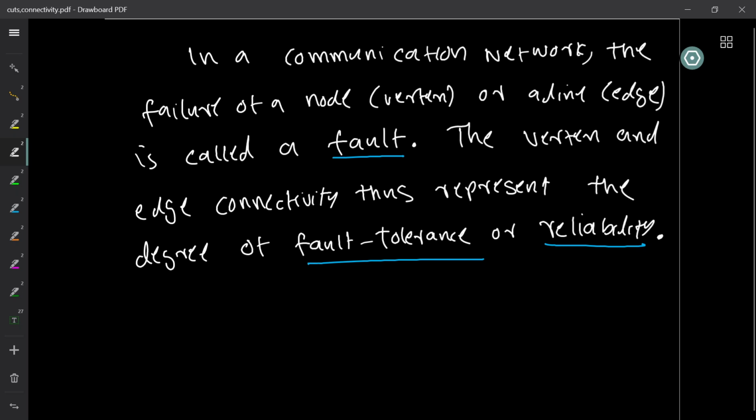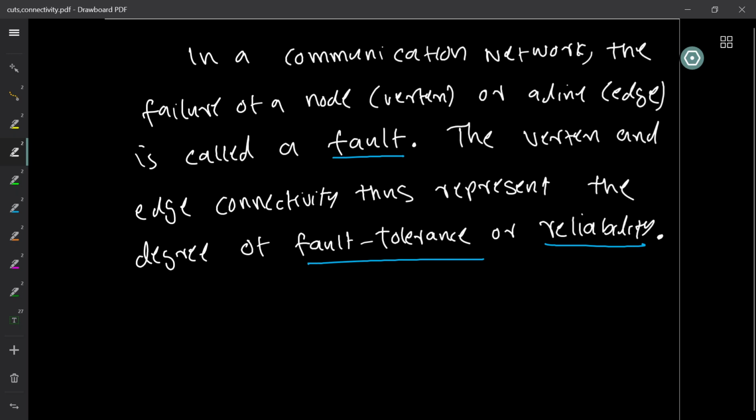If something like this happens, then the network becomes faulty. There is a network failure, a communication failure. The communication is more robust, or more reliable, if the failure of some of these nodes will not cause a complete communication shutdown between any pair of nodes.